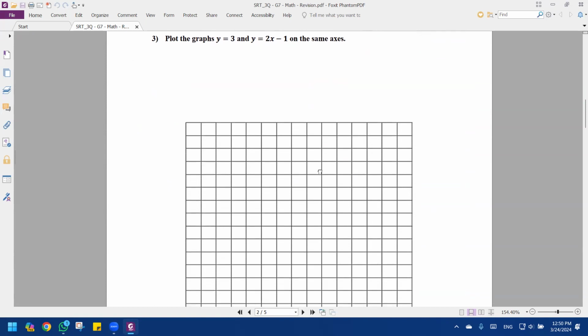Okay. First, in this question, I need to make the x-axis and the y-axis. So let me use the line.